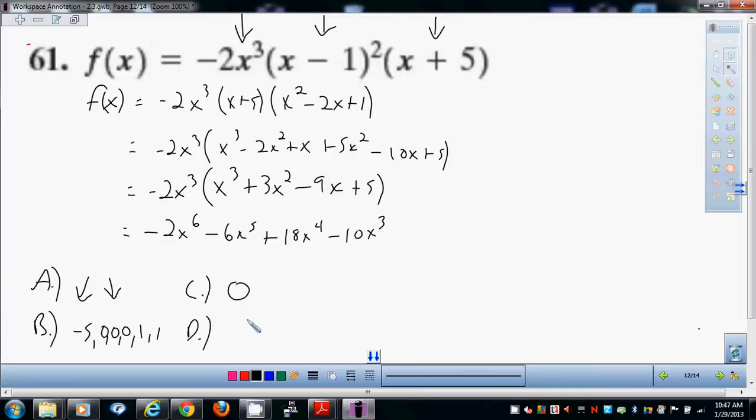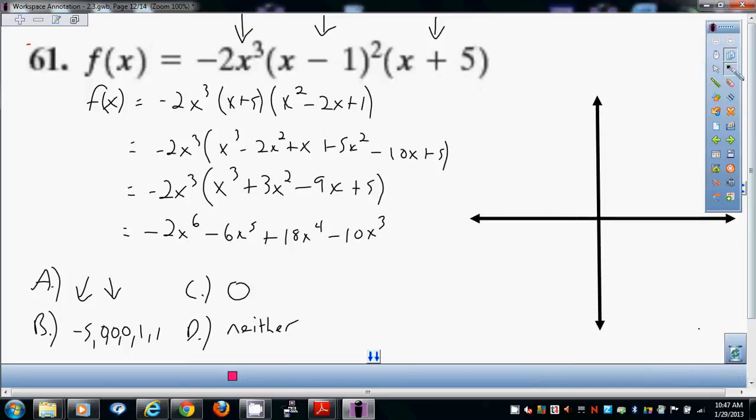Ready to graph. So our end behavior is down, down. It's going to cross the y-axis at 0. I should change colors. At 0. Let's see, it's going to cross at negative 5. It's going to touch at 1. Here we go. Going up. Cross at 0.